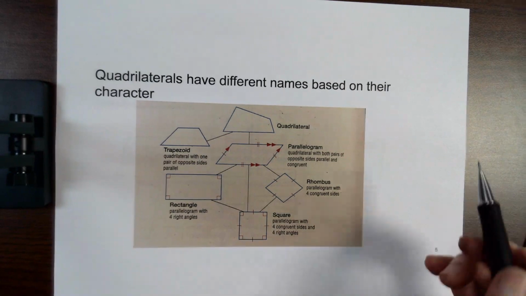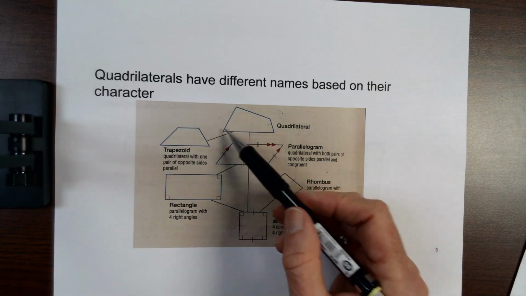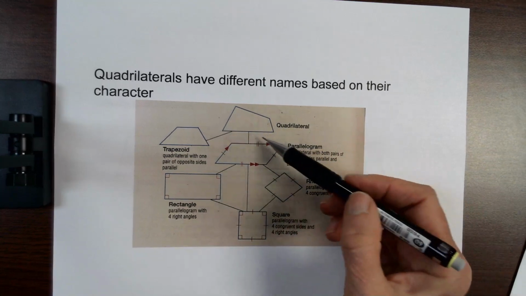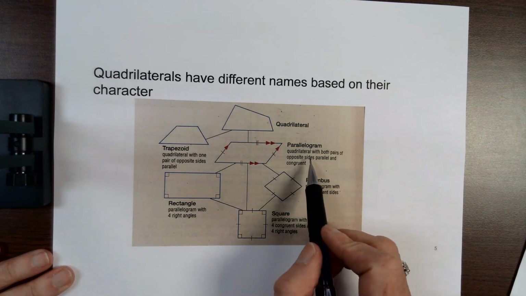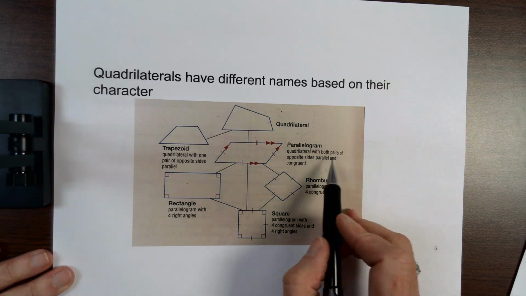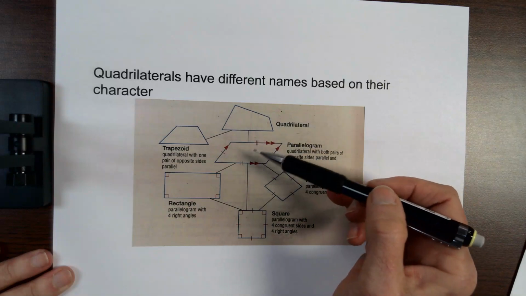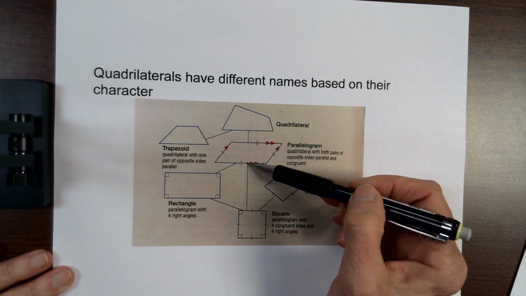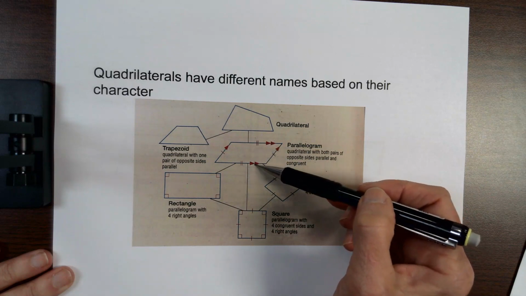Quadrilaterals have different specific names based on their character. So overall here we see a quadrilateral. Then one type of quadrilateral is a parallelogram. A parallelogram is a quadrilateral where both pairs of opposite sides are both parallel and congruent. So this and this are parallel, meaning they never cross, and that shows the parallel mark on them.